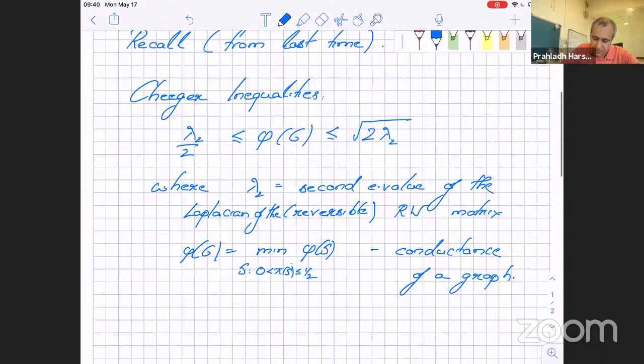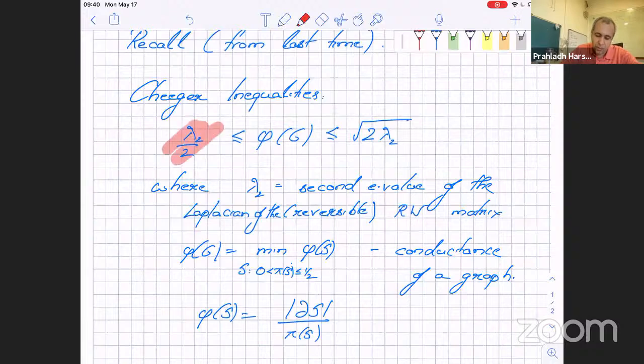And phi of S itself was defined as the set of edges that go from S to its boundary, divided by pi of S. This is how we defined it. These were what we had called the Cheeger inequalities.